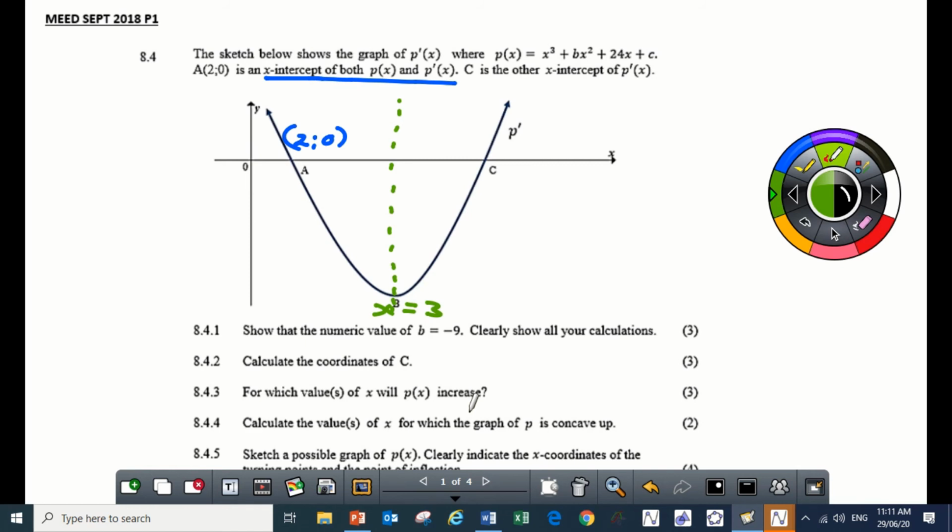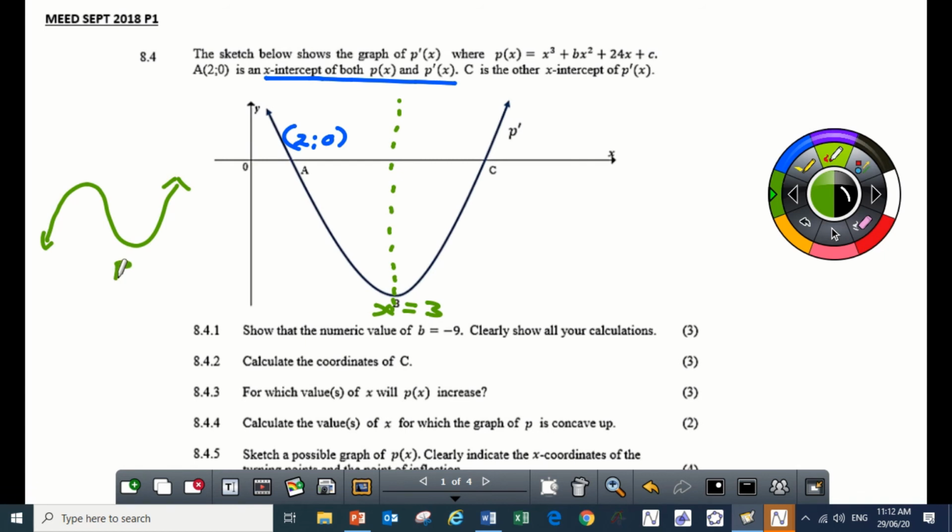Listen, I understand what you're saying. If you look at this equation for P of x, the coefficient of x cubed is positive. What does that tell you about the original cubic graph? It starts with a maximum or a minimum turning point. Maximum. So the shape is going to look like this.